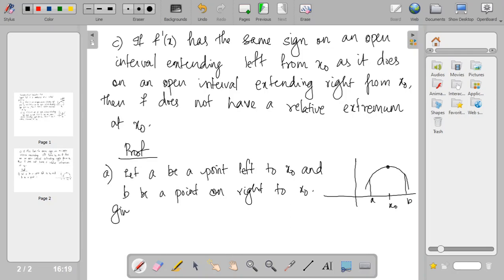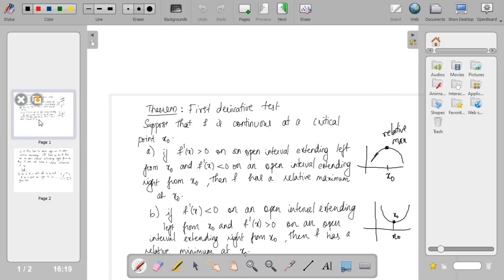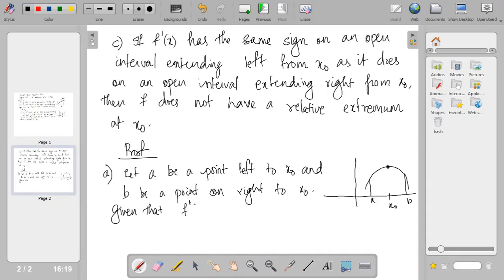Now you are given that f dash of x is greater than 0 on an open interval on the left of x0.